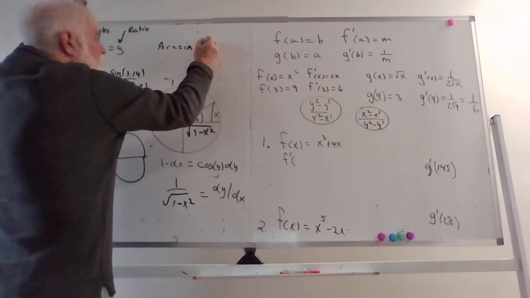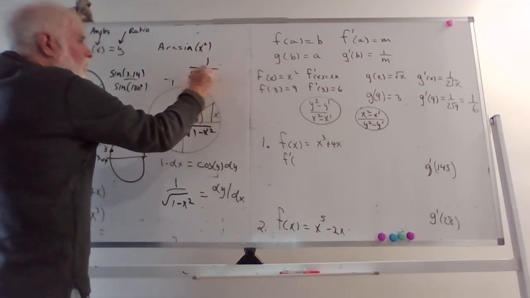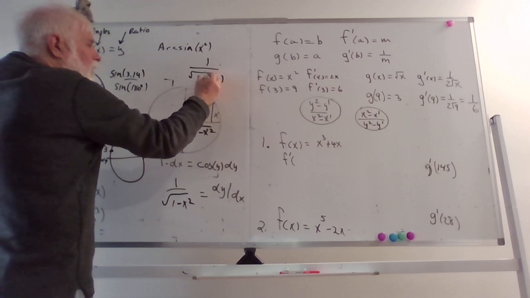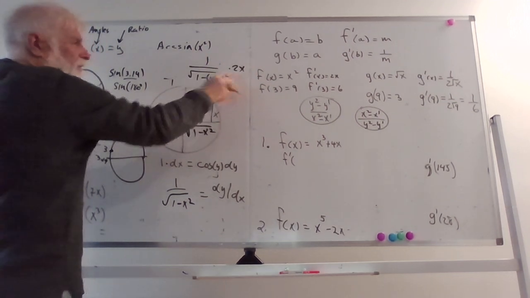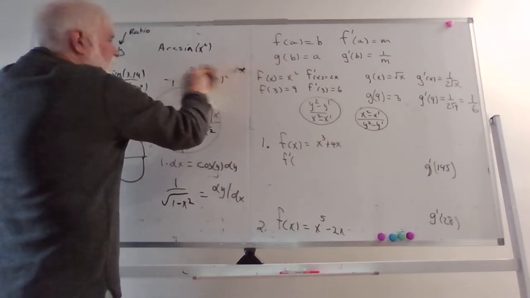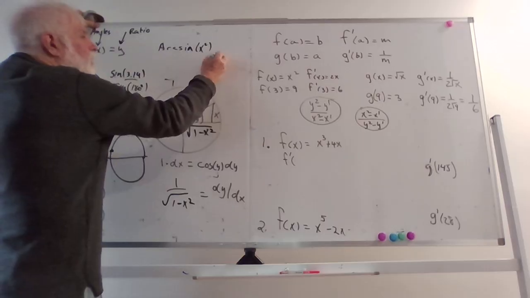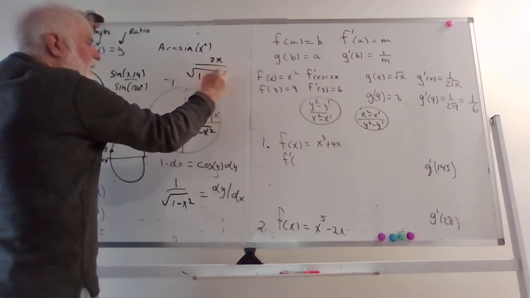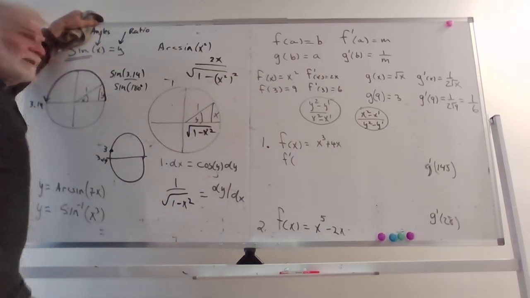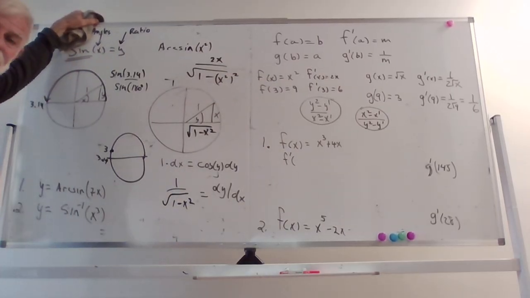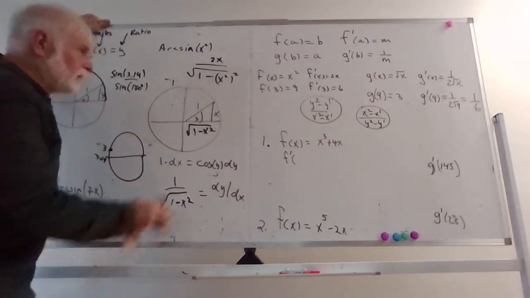Well, it's 1 over the square root of 1 minus x squared squared times the derivative of x squared, which is 2x, and we don't write it that way. We basically say, when we do these, the derivative of what's inside over the square root of 1 minus what's inside squared. That's the mechanics. Sounds very similar to taking this derivative of the square root of x, I hope.